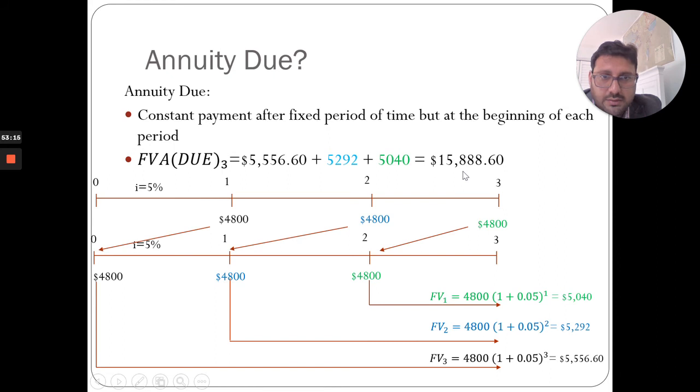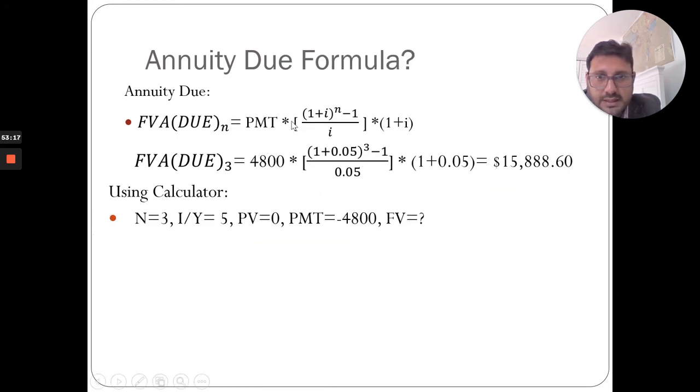Now with the formula, we will use the same formula up till this for the annuity due, which we use for the ordinary annuity, this one, plus multiply it with 1 plus interest rate, because each cash flow has the opportunity to grow by 1 more time period. So by multiplying it with 1 plus the interest rate, we are bringing in that component in the future value of annuity due formula, and it will grow to 15,888.6.